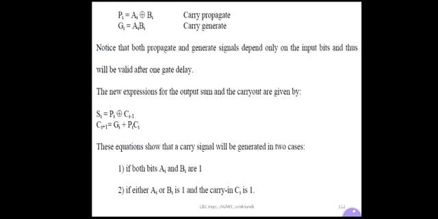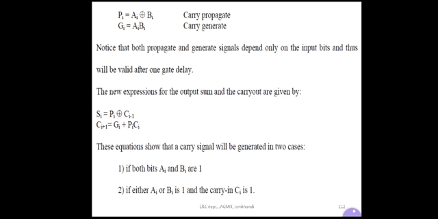So Pi is equal to Ai XOR Bi, whereas the generate signal Gi is equal to Ai AND Bi. Notice that both propagate and generate signals depend on the input bits and thus will be valid after 1 gate delay.